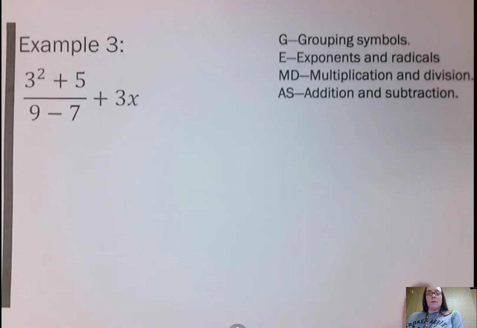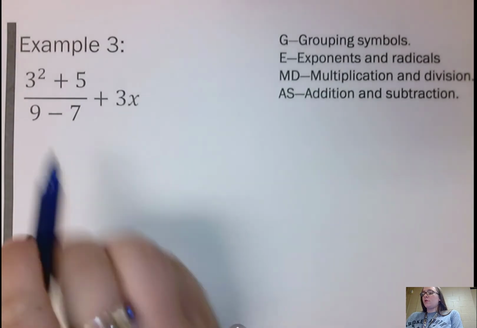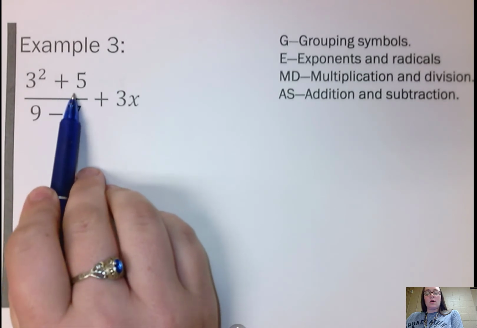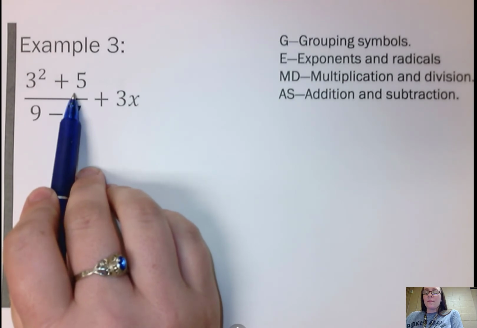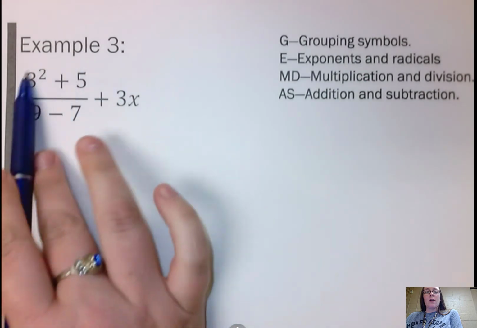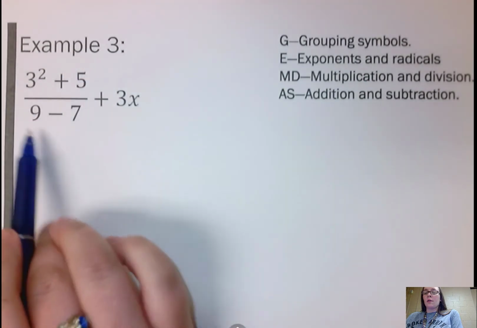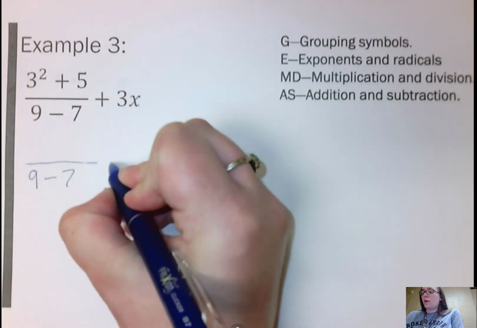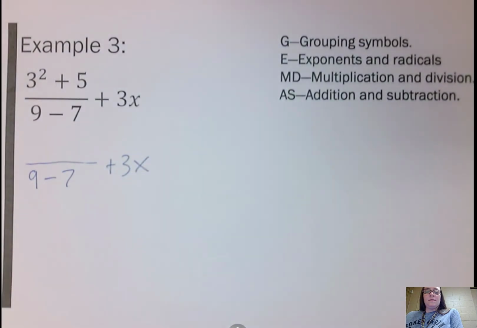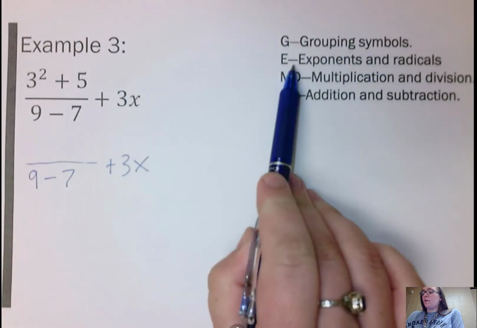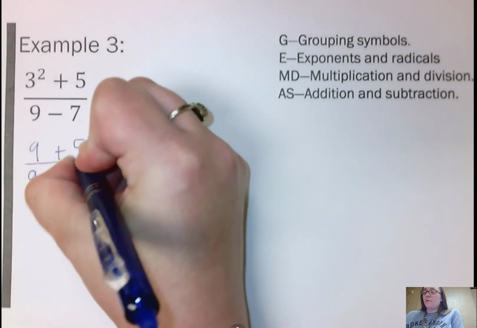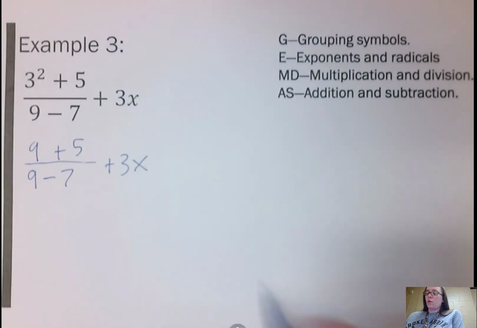All right, looking at the next one. Remember I told you the fraction bar can also be a grouping symbol. So we're going to work the top part out, our numerator, then we'll work the denominator. So I'm going to leave everything the same until I work with it. 3 squared, which is 9, plus 5, which is 14.